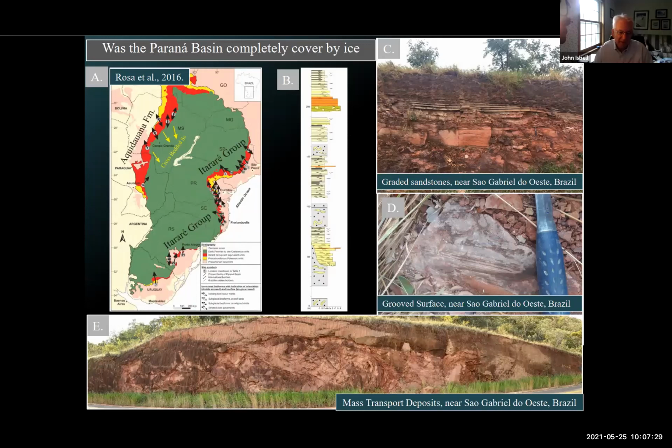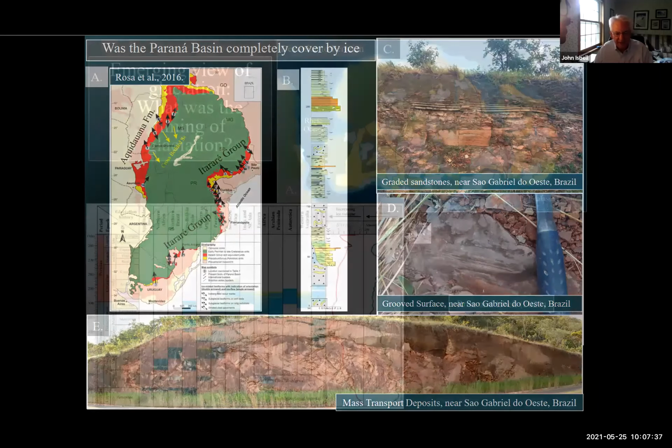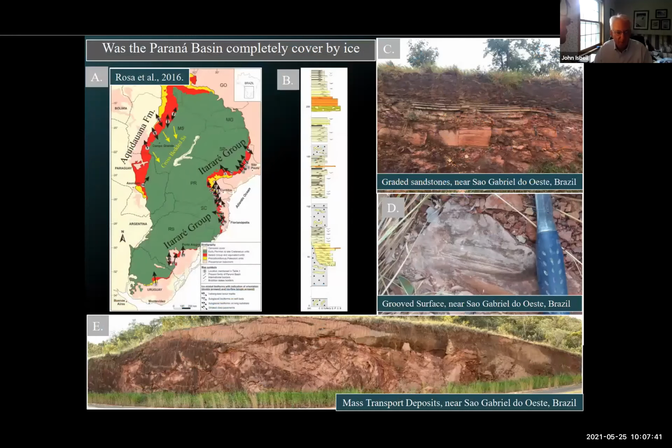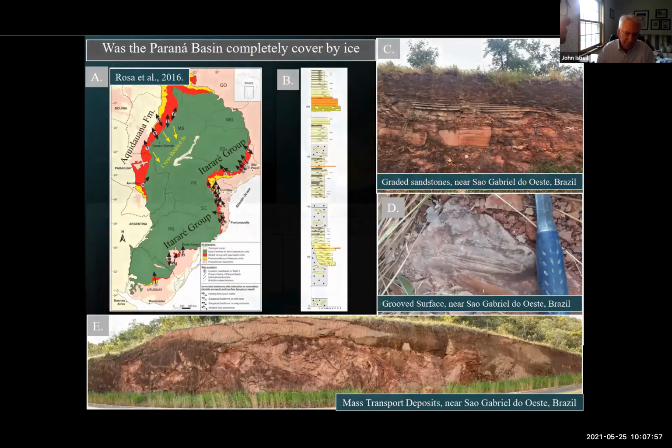But when we start looking at other deposits, when we start looking at graded sandstone beds and mass transport deposits, the flow directions and the kinematic indicators suggest flow or slopes from the western margin into the depositional basin. So this suggests that there were at least two, possibly three ice centers feeding ice to the Paraná Basin during the late Paleozoic and near the end of the Pennsylvanian. Next.